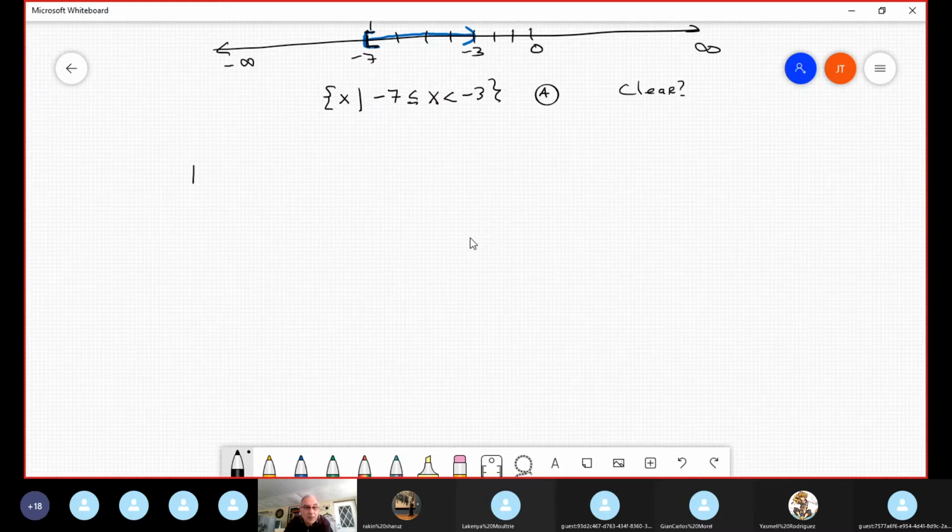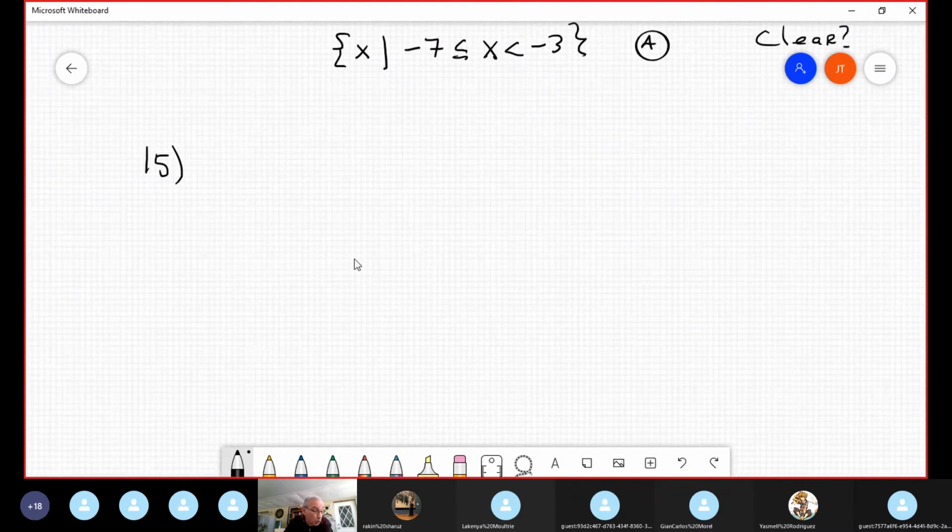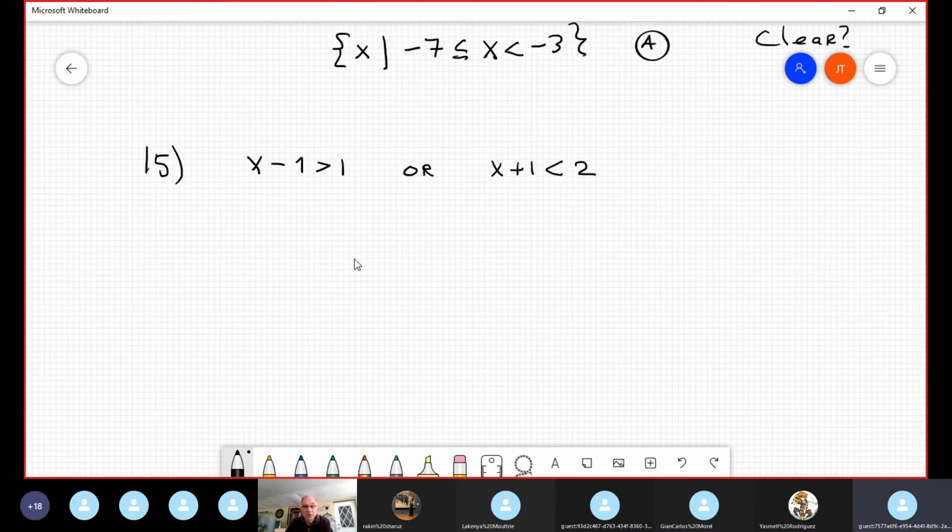Okay, 15. 15 is in two pieces, but now we're using OR, and OR is a different idea. X minus 1 greater than 1, or X plus 1 less than 2. Now it's separated.